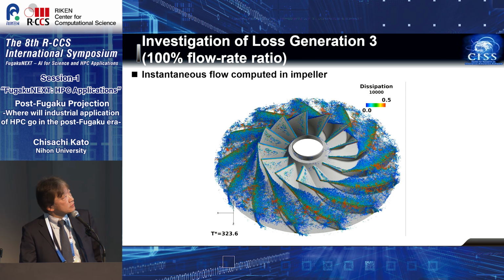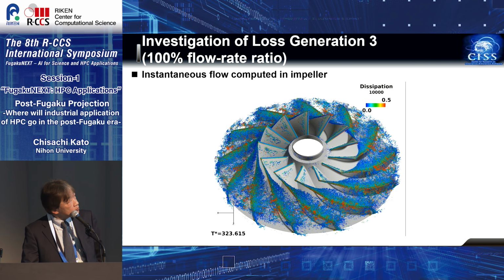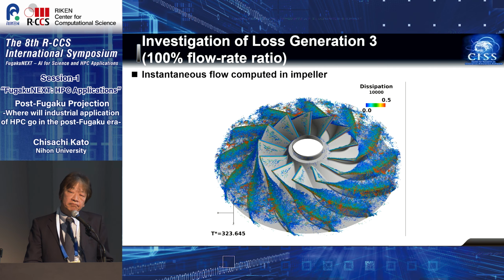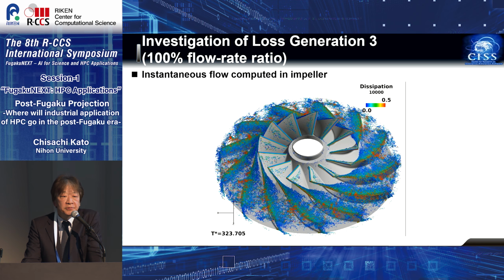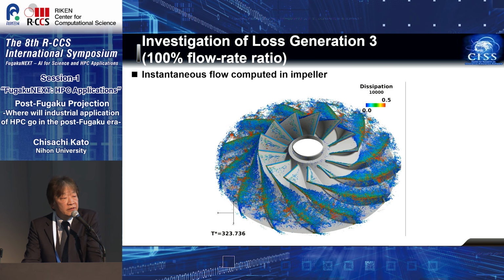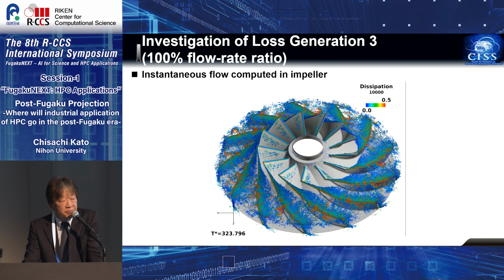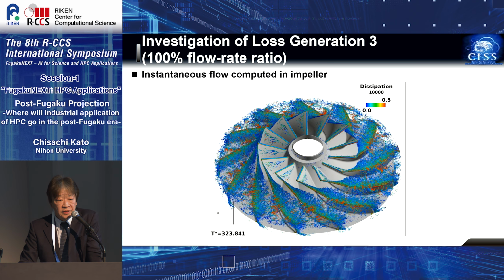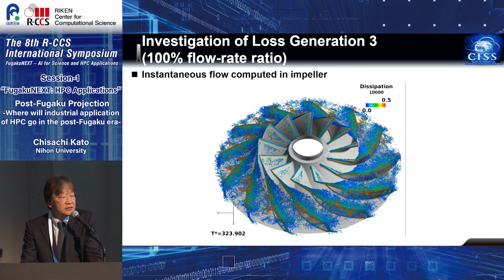This is a comparison of the overall performance, and a satisfactory result has been given. The objective is not only to predict or to replace the test, but also to identify the location where the biggest loss is being produced. And this is a dissipation function, visualized instantaneously.